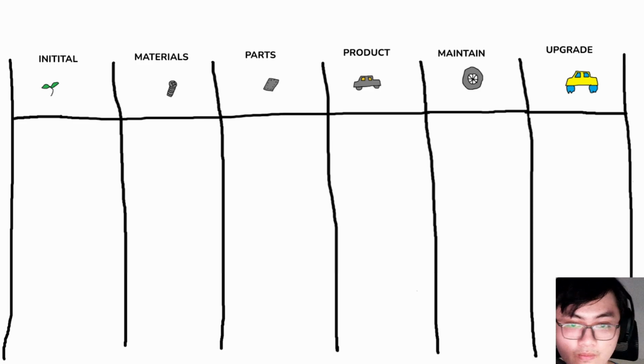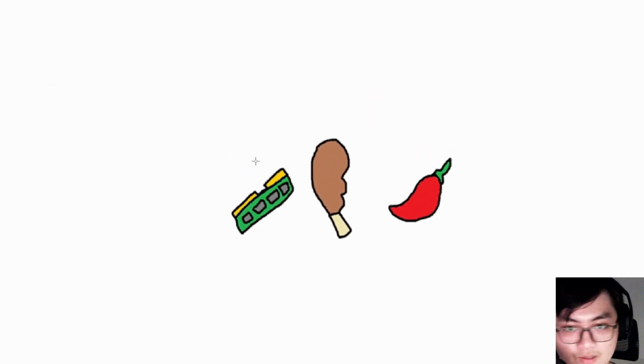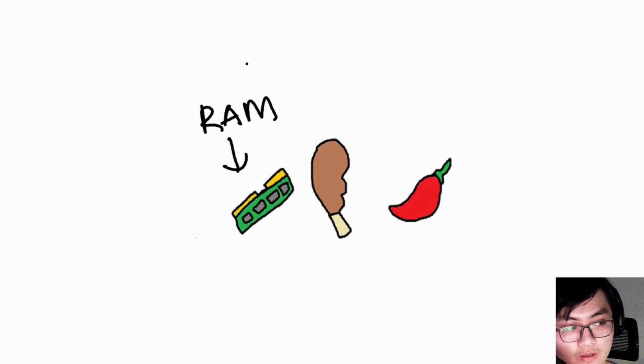Now we will have the cost. I will have some units for the cost. Here are some units I will use to calculate the AI cost. The first thing is a stick of RAM, which is the reason for the cost of AI.